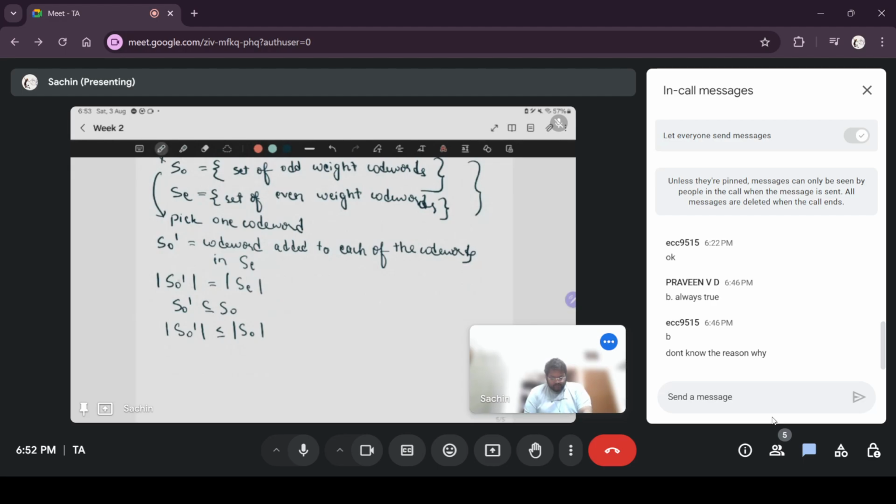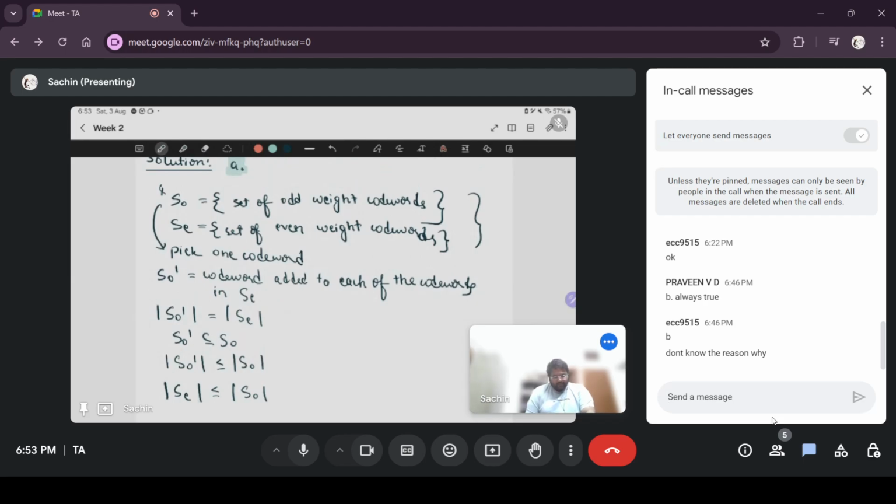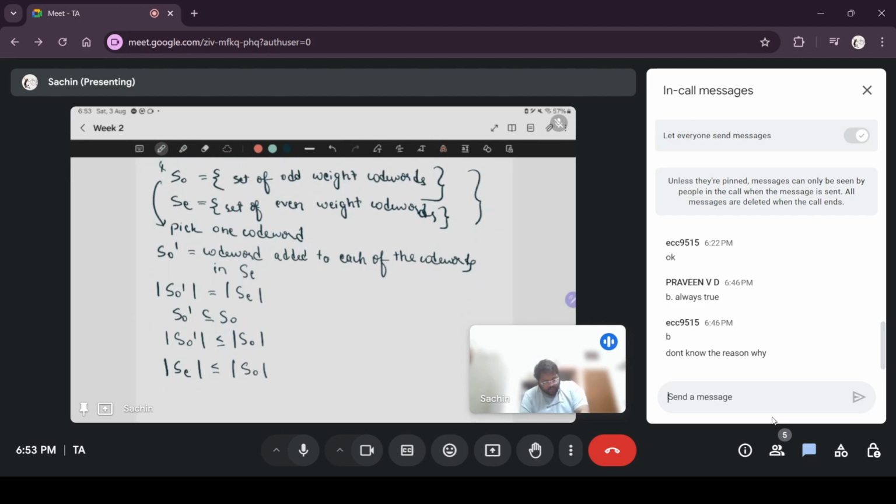But here we have found that the cardinality of SE is equal to the cardinality of SO prime. So the cardinality of SE is less than or equal to the cardinality of SO. That is, the number of even weight code words must be less than or equal to the number of odd weight code words. Okay.